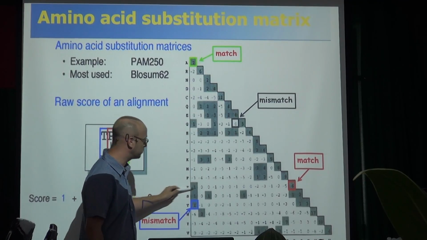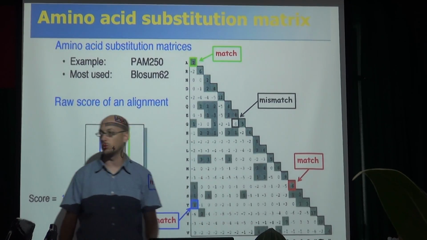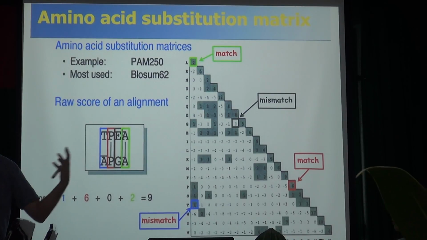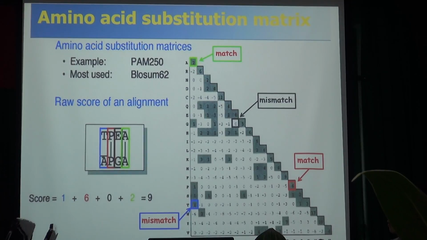How often does P mutate into Q? How often does it happen? And the more often it happens, the higher the scoring. The more rare the mutation, the lower the scoring. Okay? So this is based on actual sequences.